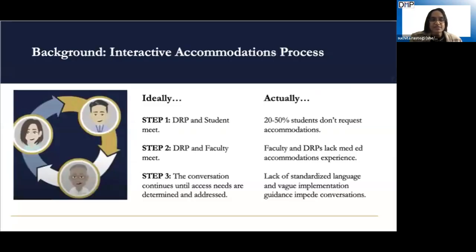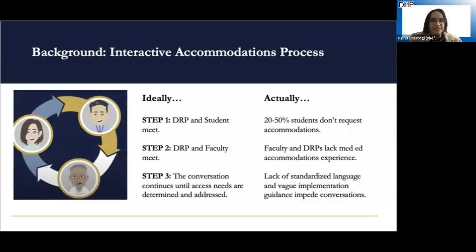I'm going to spend the next maybe 7 minutes giving some context, and the first bit of information will be about how disability accommodations work during clinical medical education. Normally, learners with disabilities access accommodations by engaging in an interactive process with institutional representatives.